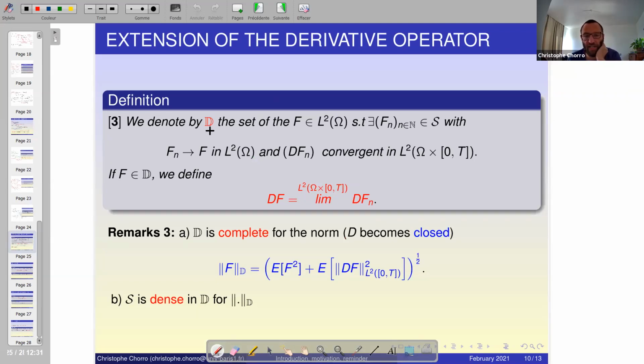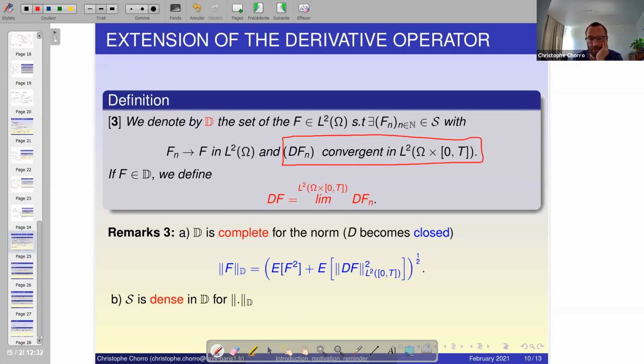So I denote by D, that will be the domain of my derivative operator now, the set of the random variables in L2 such that I can approximate them by a sequence in S. Fn converges toward F in L2, and I suppose that the sequence of the derivatives is convergent. It's a real hypothesis, I need to suppose this. It's not a consequence of the convergence of Fn toward F. If D of Fn is convergent, then I say that F belongs to the domain D.